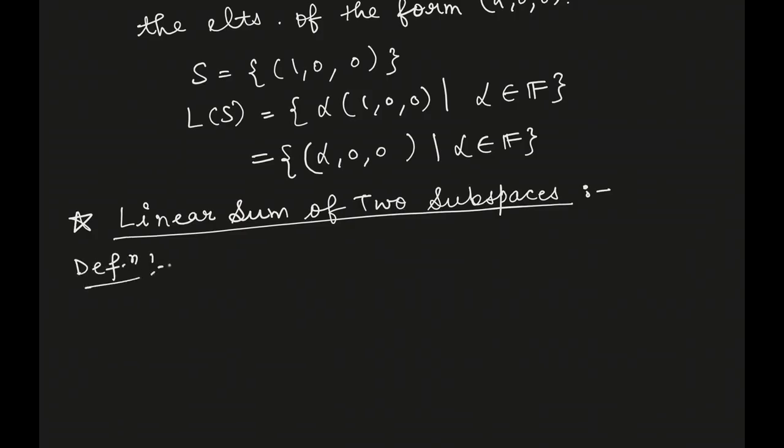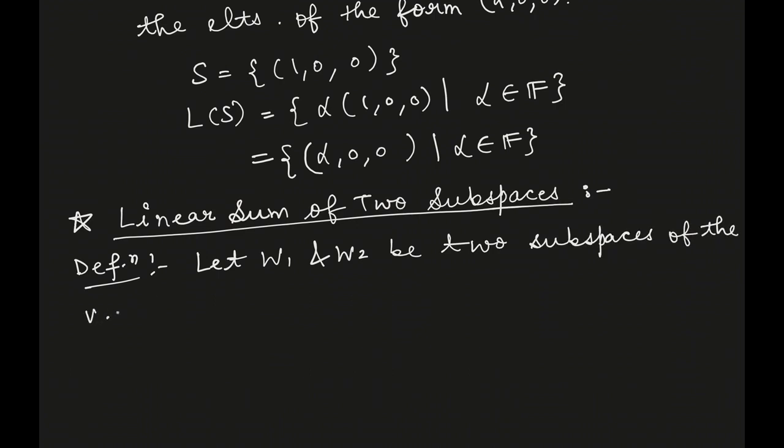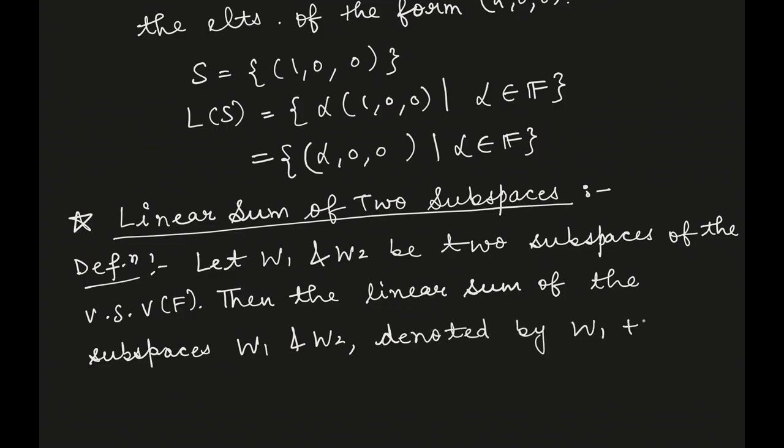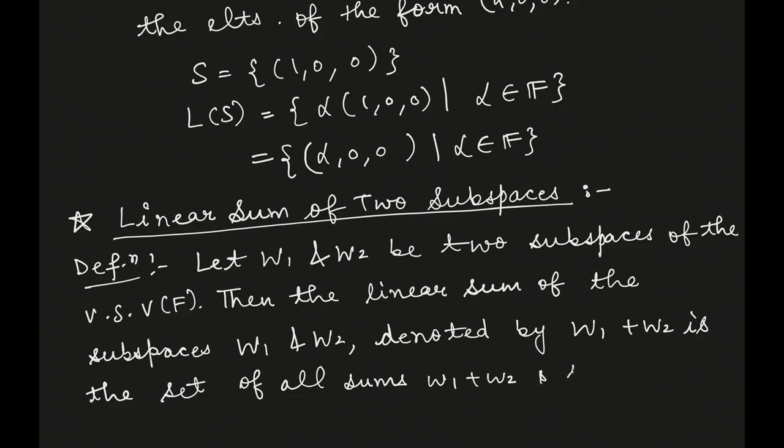Definition: let W1 and W2 be two subspaces of the vector space V(F), then the linear sum of the subspaces W1 and W2, denoted by W1 plus W2, is the set of all sums w1 plus w2 such that small w1 belongs to capital W1 and small w2 belongs to capital W2.